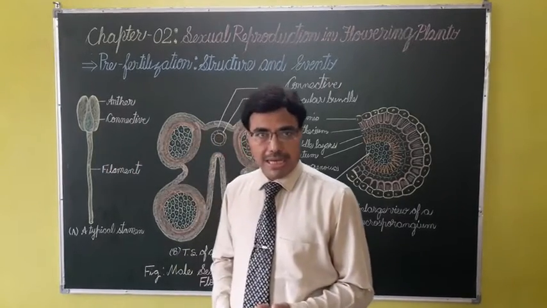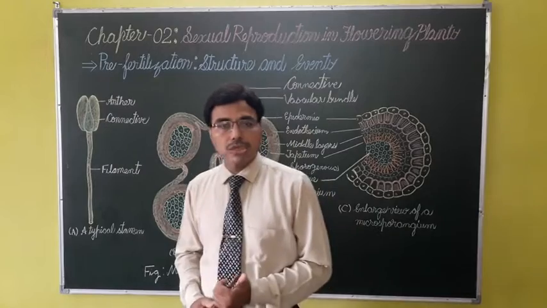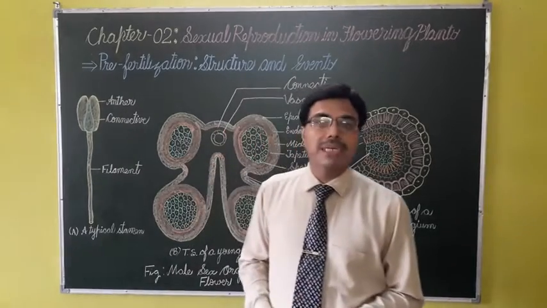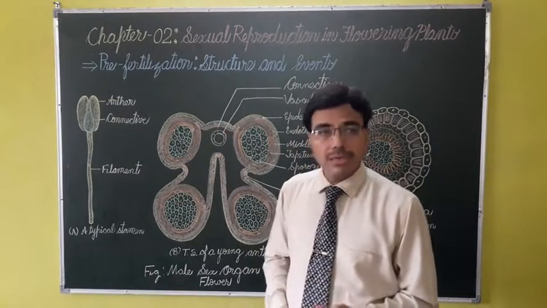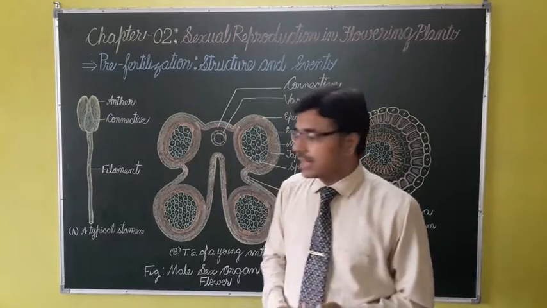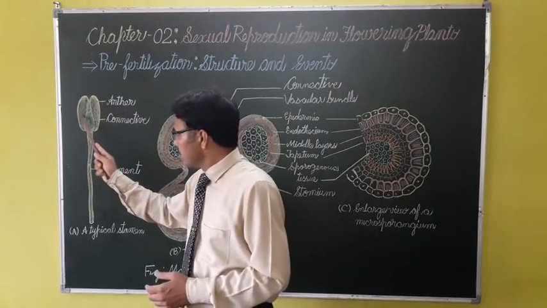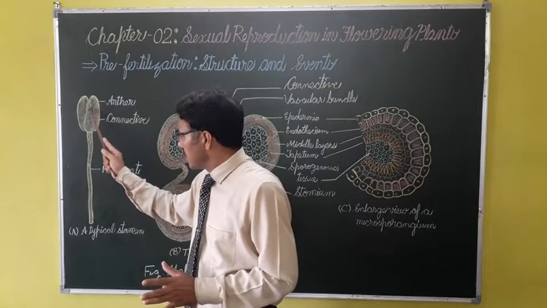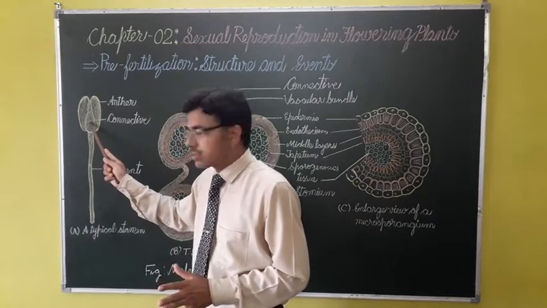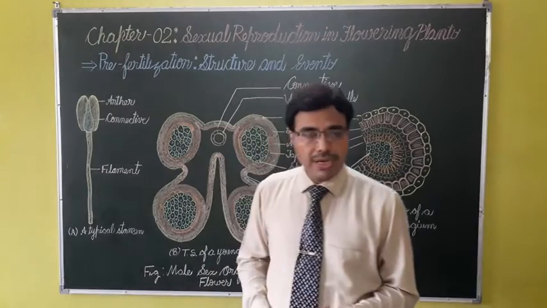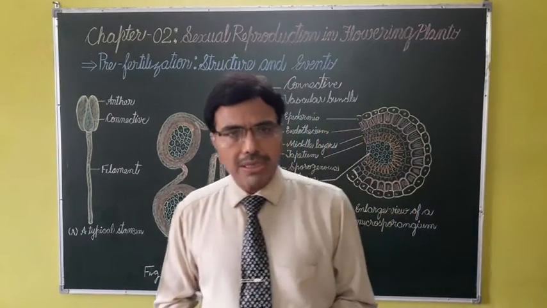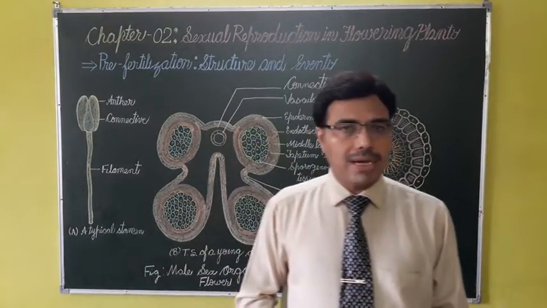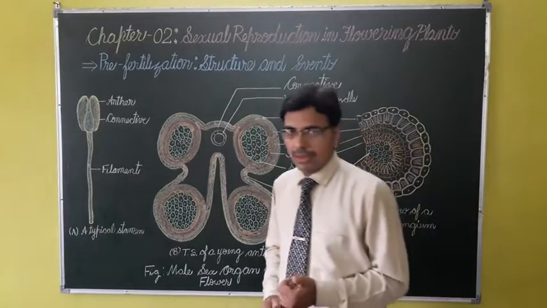This connective actually connects the two lobes of a typical anther. Actually, anther has two lobes. This is a lobe, and this is a lobe, and these two lobes are connected by this tissue, which is called connective.